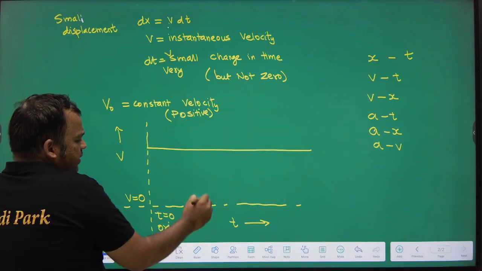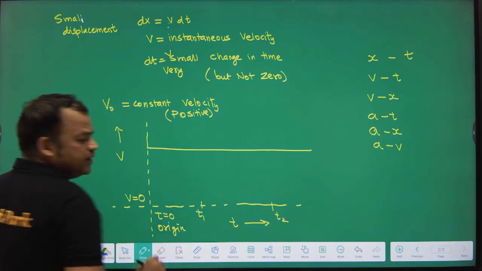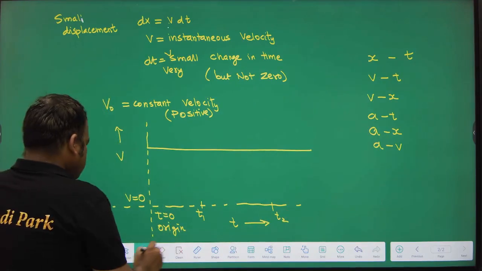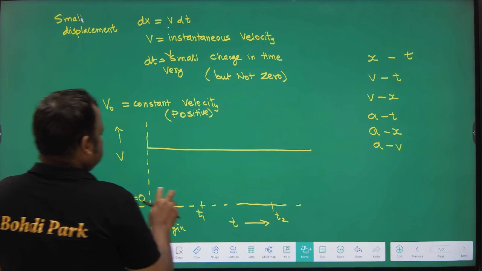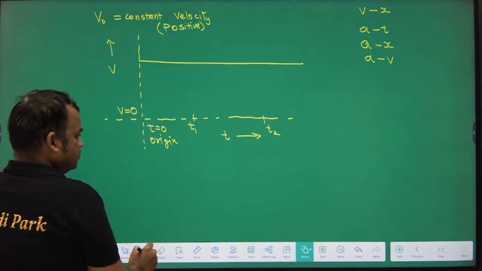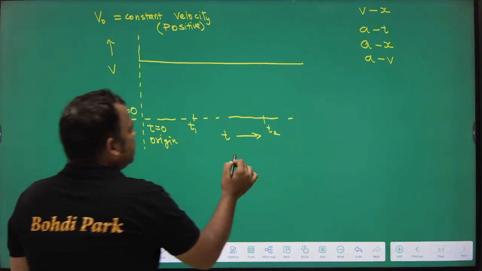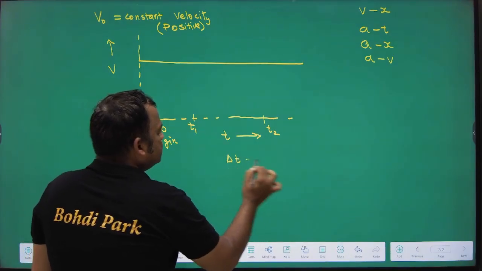If we represent two time instants t1 and t2, the duration of time will be delta t.